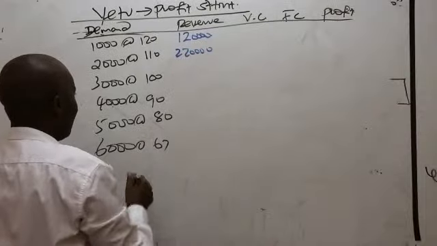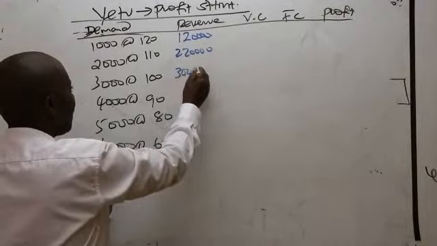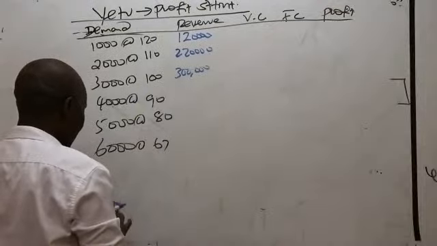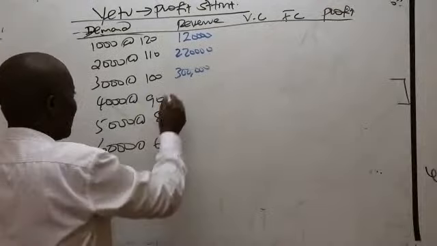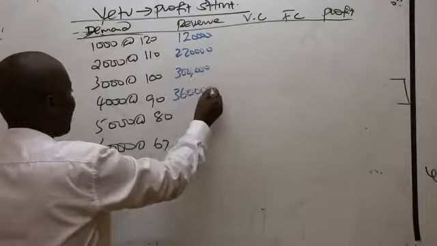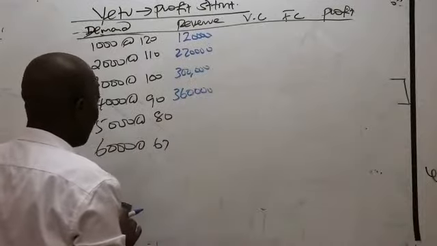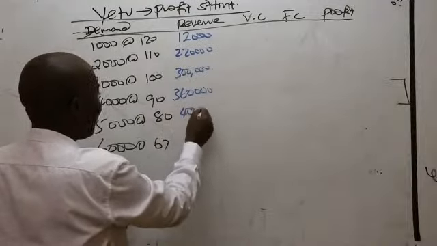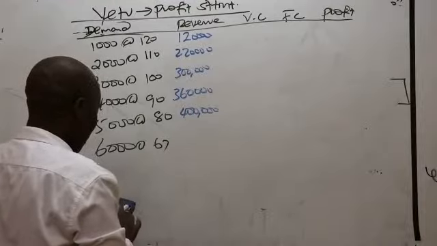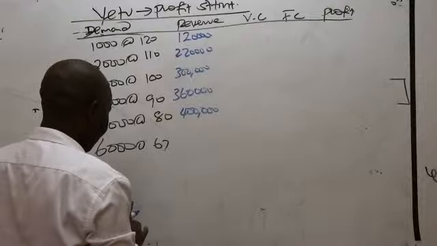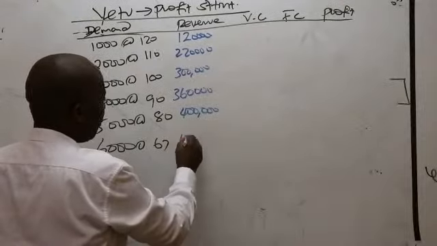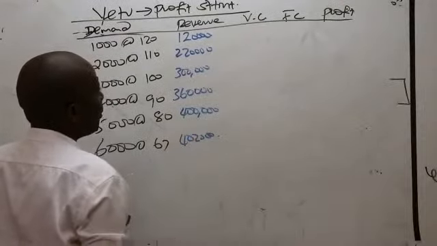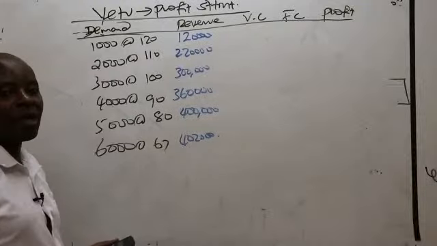From there we have 300,000. Then 4 times 90, which gives me 360,000. Then 5 times 80, which gives us 400,000. We have 6,000 times 67, giving us 402,000. So now we shall go to the variable cost.